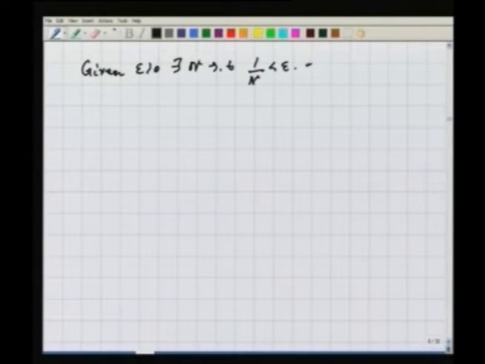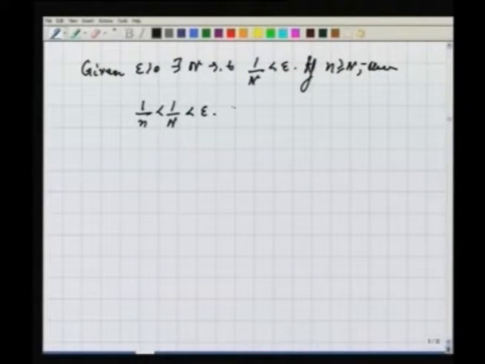And then if n is bigger than or equal to capital N, then I of course have that 1 by n is less than or equal to 1 by capital N, which is less than epsilon. It just shows that given epsilon I could find a capital N, that is the stage, so that after that stage all the terms of the sequence are less than epsilon, because this is true for all n bigger than or equal to capital N.